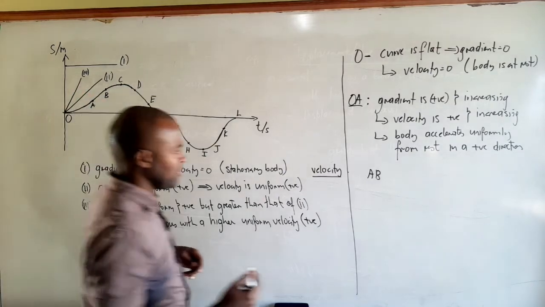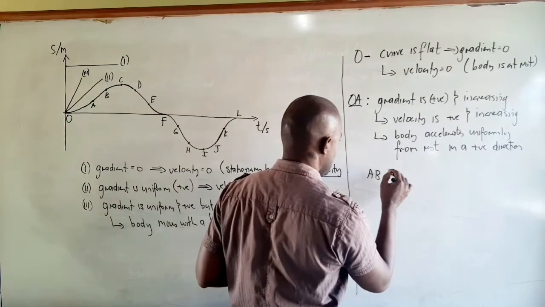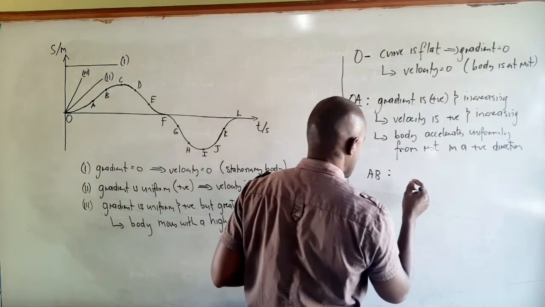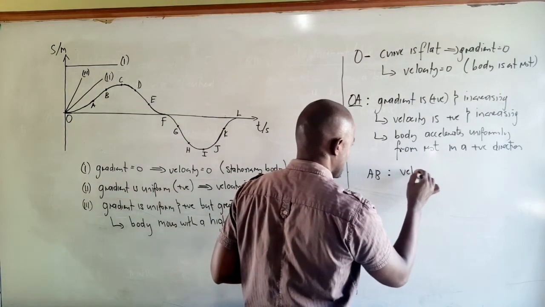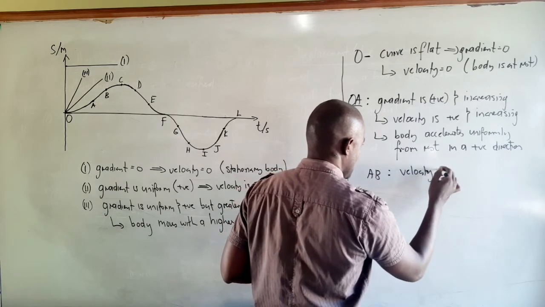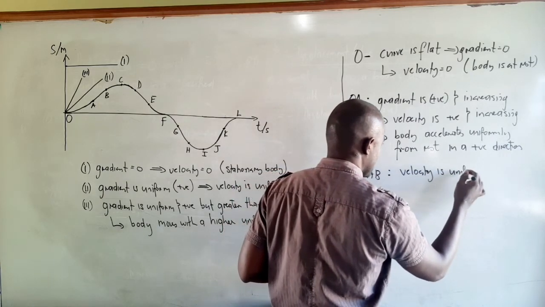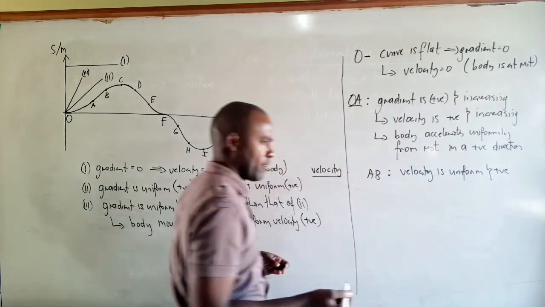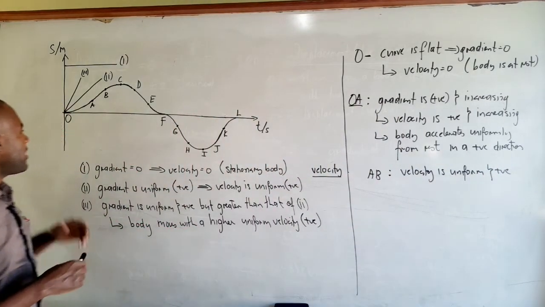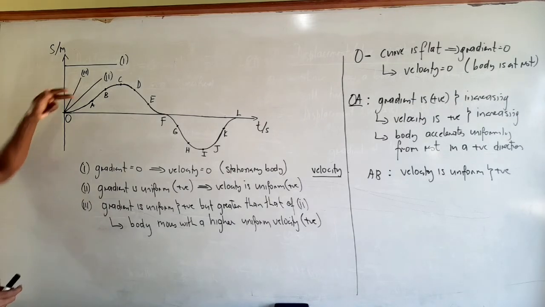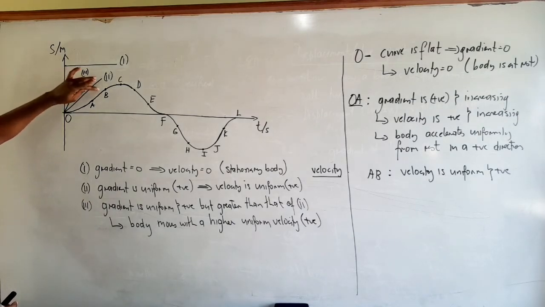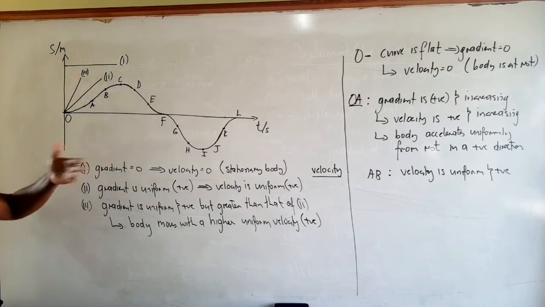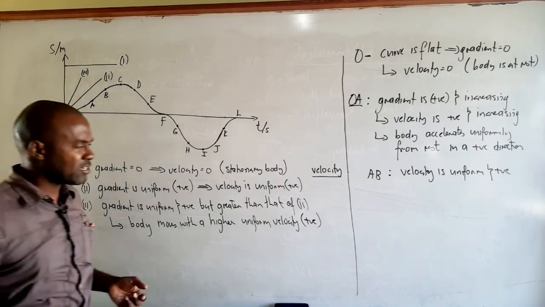And this therefore means that the velocity is uniform and still positive, right? So AB, once again, it is a straight line, so that means the gradient is uniform and positive, and this therefore means that the velocity is uniform and positive.